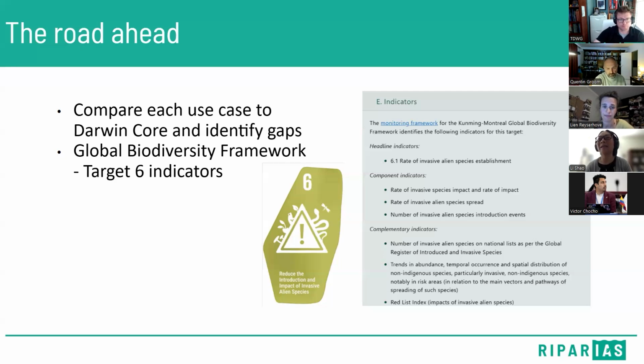When they send the data, it's not guaranteed that they will indicate that this is an invasive species, so it has to be post-processed by GBIF somehow to label the data. Is that correct?